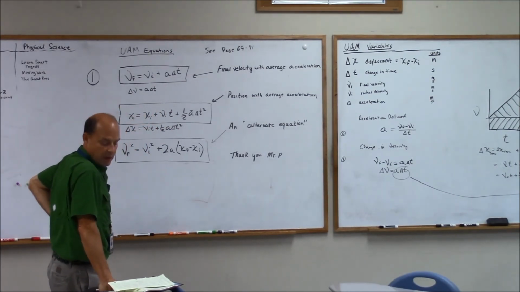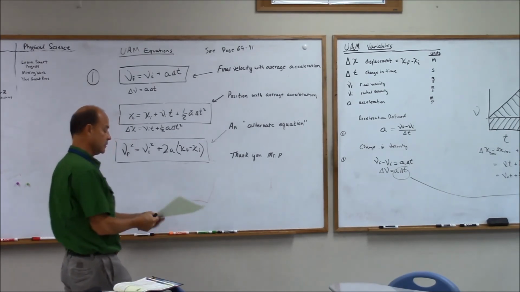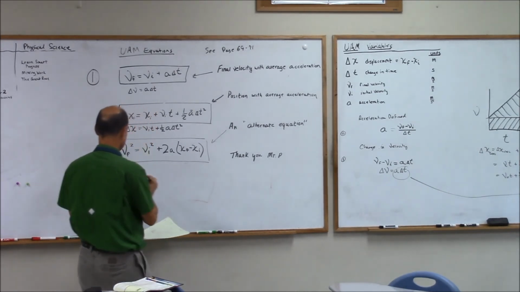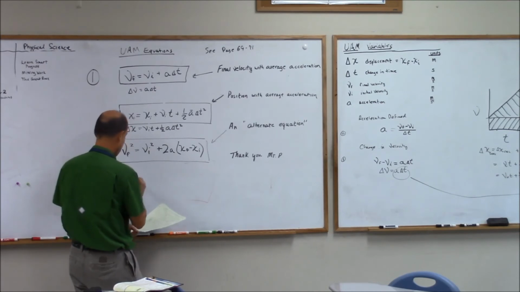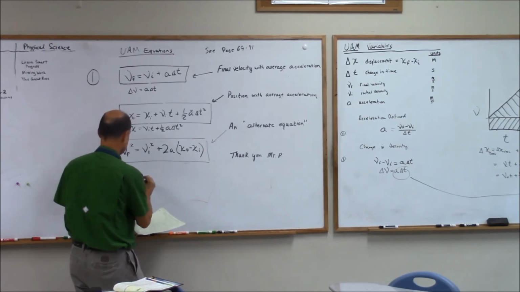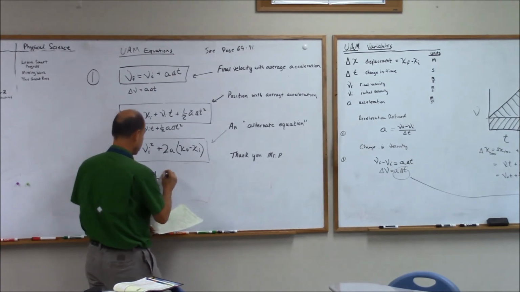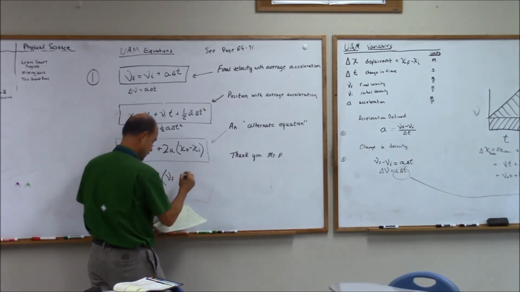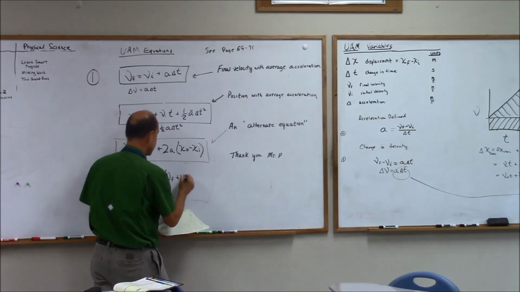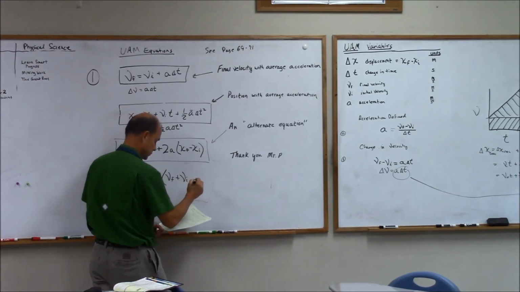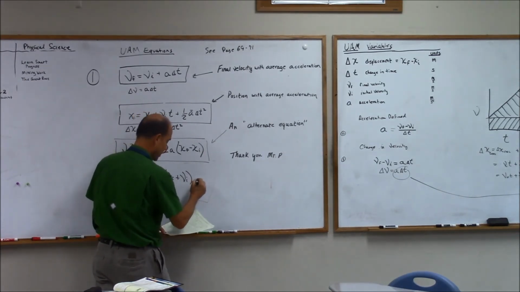Okay. If you're a flippin' physics fan, he gives us one more. Change in position is equal to 1/2 the final velocity plus the initial velocity times the time.